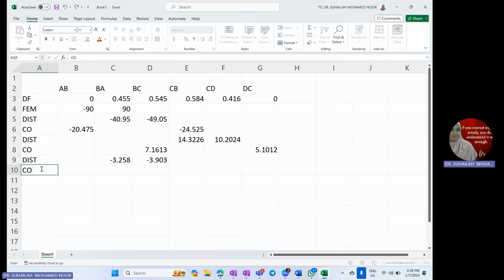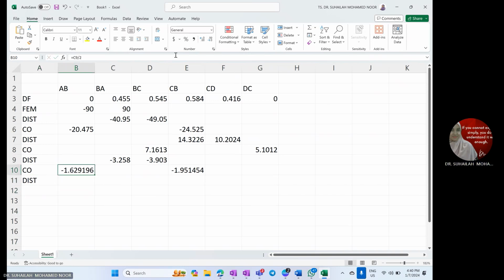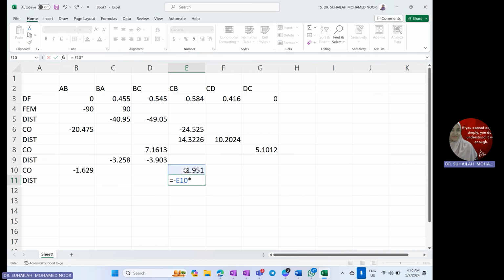Okay, no more. Carry over. Then this one also carry over. For distribution, we have to distribute negative 1.9 times the factor.